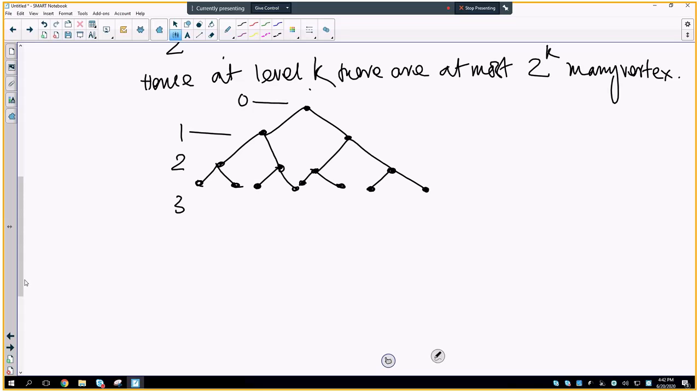So the total number of vertices that I have from level 0 to level 3 is 1 plus 2, and 2 can be written as 2 to the power 1. Then the next step, level 2, is 4, which is 2 squared, and this is 2 cubed. These types of series, sums of numbers, are called geometric progressions. And the nicest thing about a geometric progression is that there is a formula to find their sum. And what is the formula?